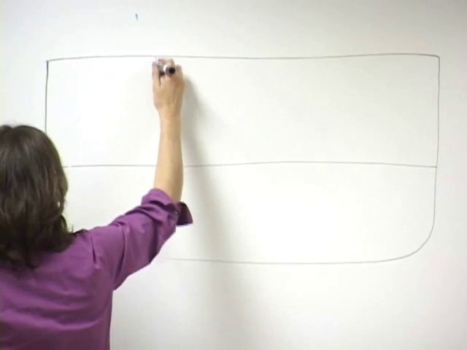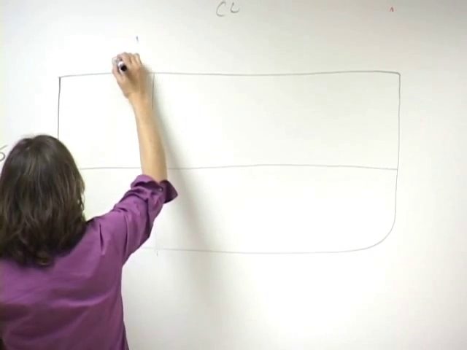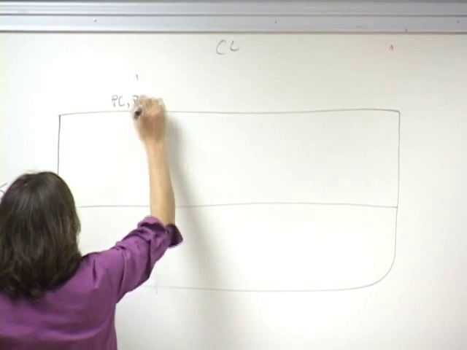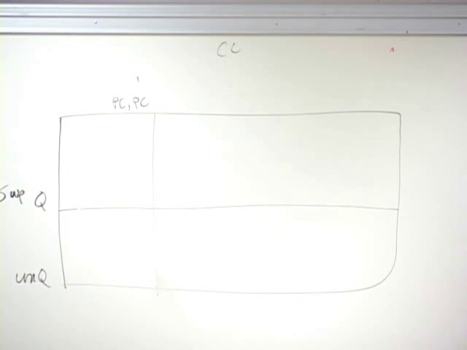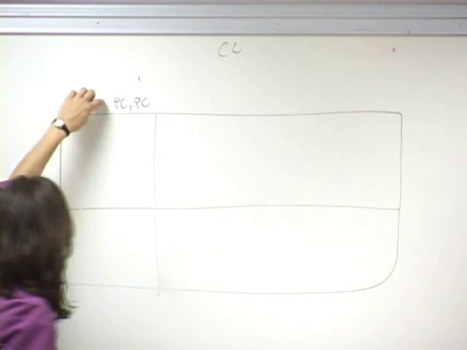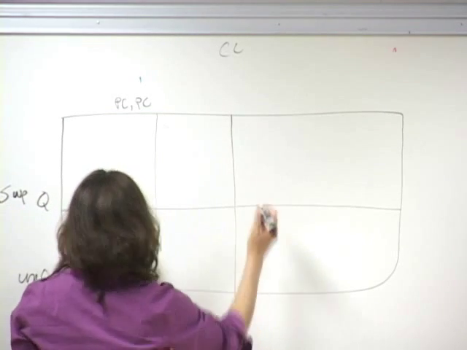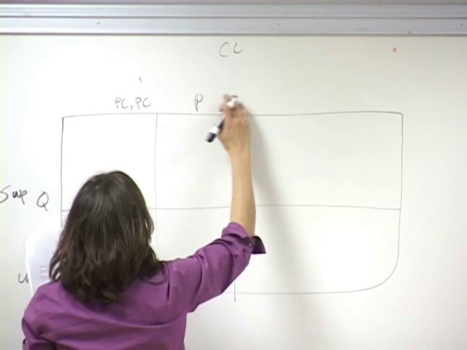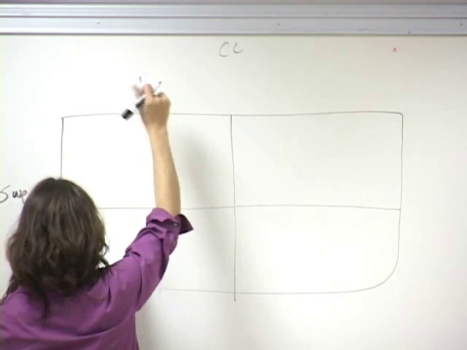So the community leader strategies, 1 is PC if qualified, PC if unqualified. Here's PC, PC. We have, actually I'm going to write them out here. I know I'll mess this up if I don't.